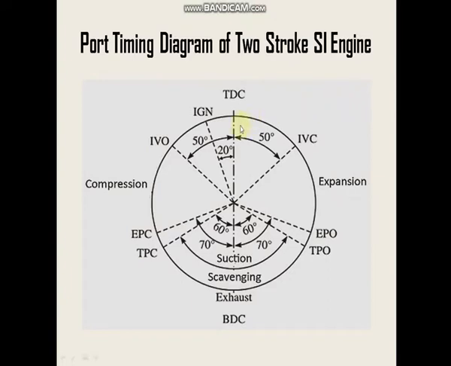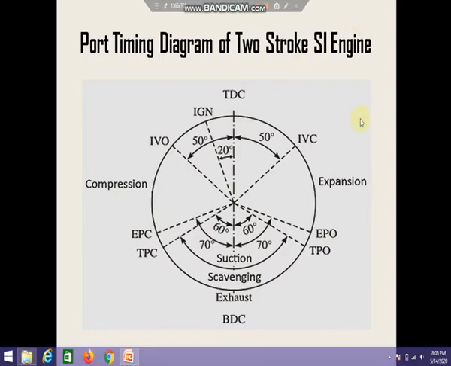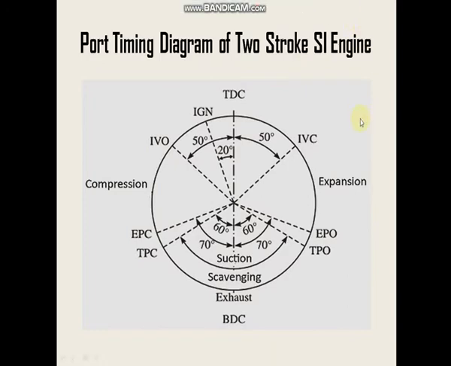Okay, so actually what will happen in the second stroke, that is the downward stroke, when the piston is moving from top dead center to the bottom dead center. First, when the piston covers about a 50 degree angle from the top dead center, during this period the inlet valve, through which the air fuel mixture is entering the crankcase, will be closed.